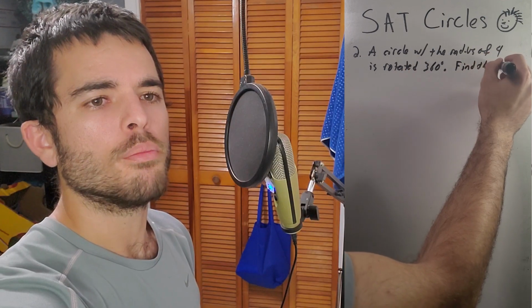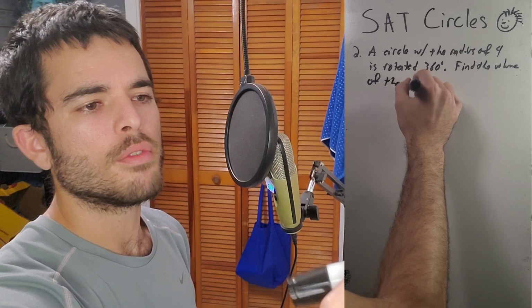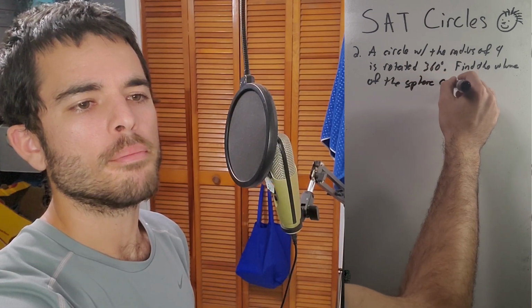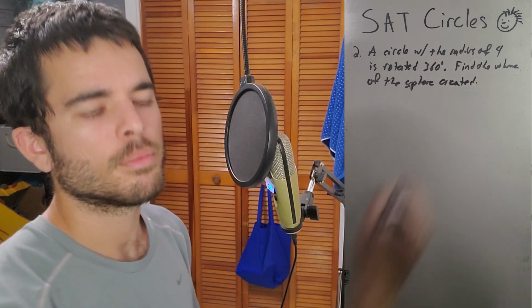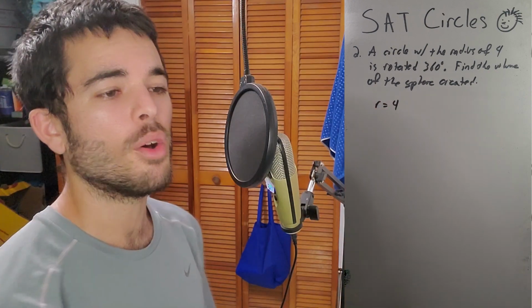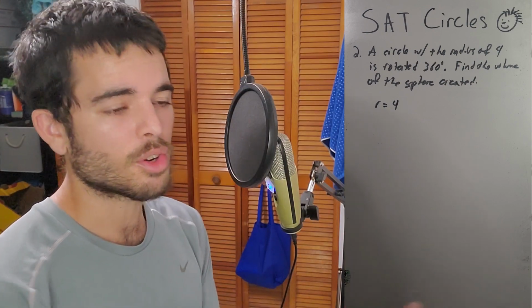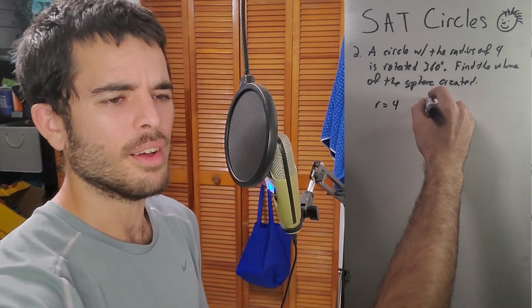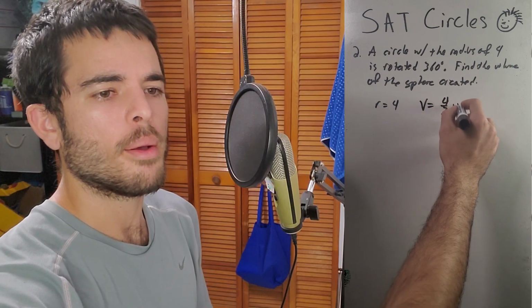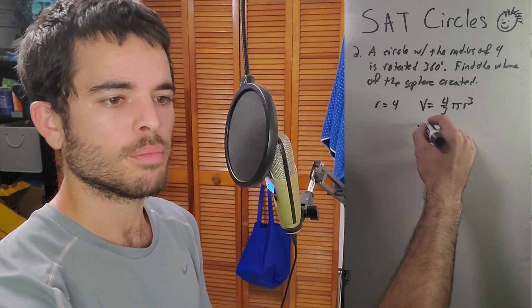Find the volume of the sphere created. All right, so we know that the radius is 4, and I know that the volume is going to correlate. The dimensions of the sphere is going to correlate with the circle. So I know the volume is 4/3 pi r cubed. I could plug in the 4 into the r value.